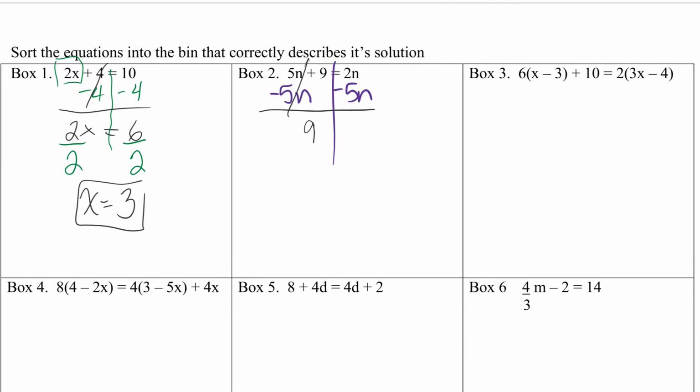I'm left with n. On the other side, I had 2 n's, and I'm taking 5 n's away. That's negative 3n. Now I'm going to divide by the number in front of my variable, which is negative 3. And I get n is equal to negative 3.